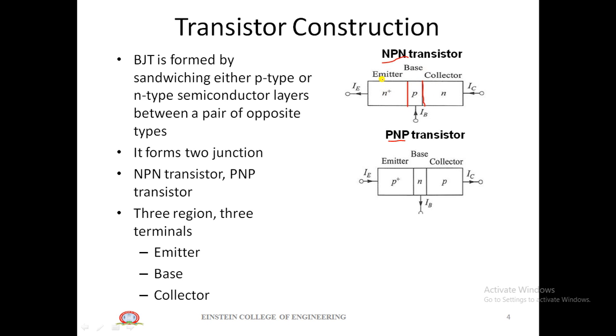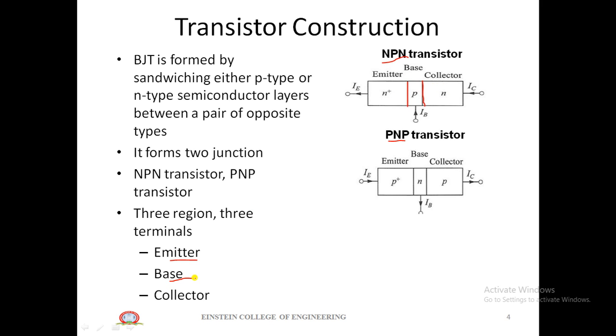We already said that there are three regions: emitter, base and collector. Emitter is a thick layer and heavily doped. It emits, that is, it supplies charge carriers for the other two layers. And next is base.